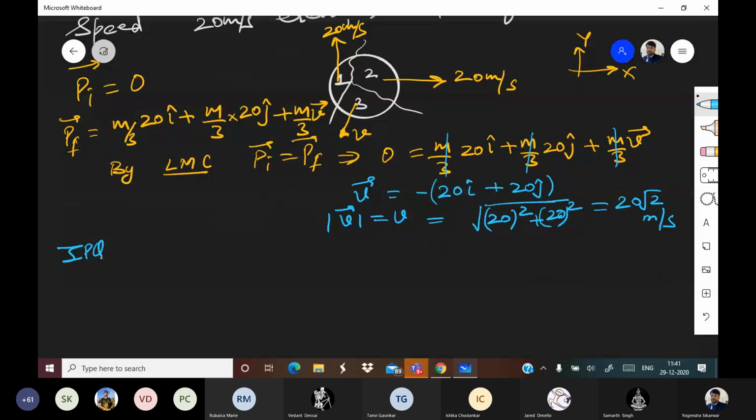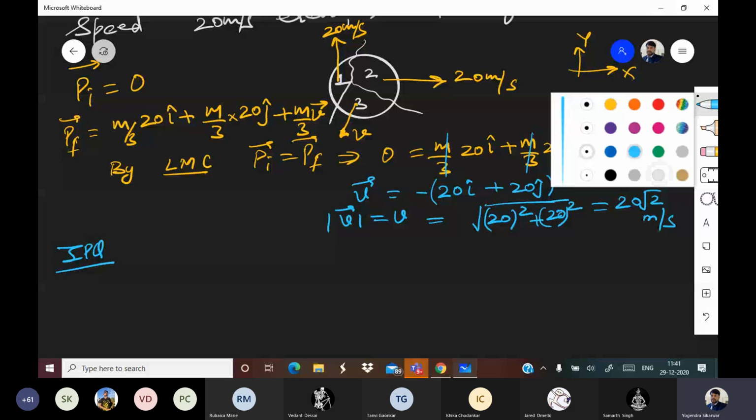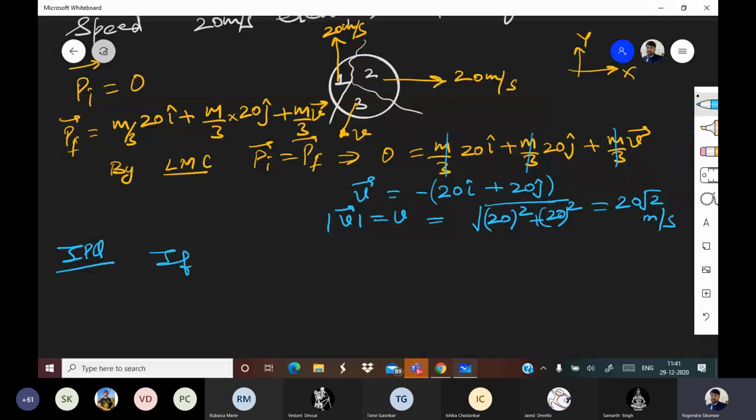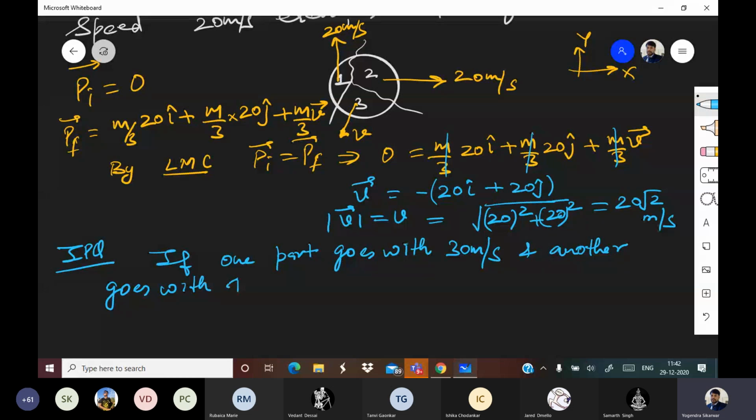IPQ means in the previous question. If one part goes with 30 meter per second and another goes with 40 meter per second, find the speed of the third part. Find the speed of the third part.